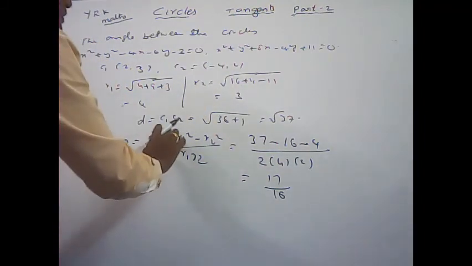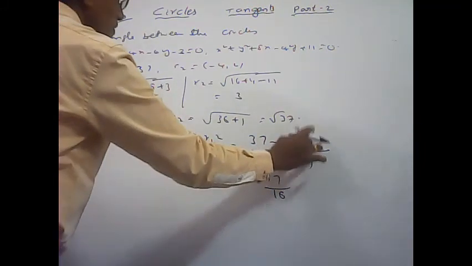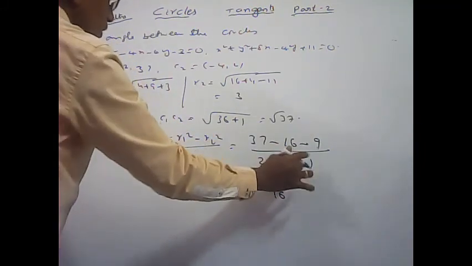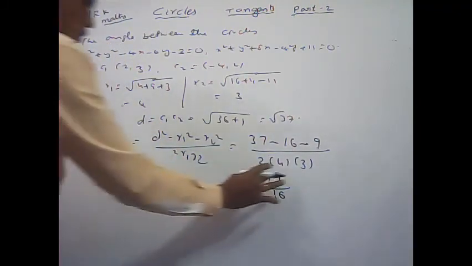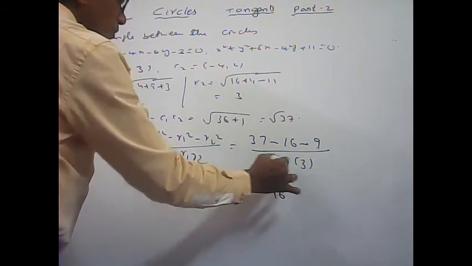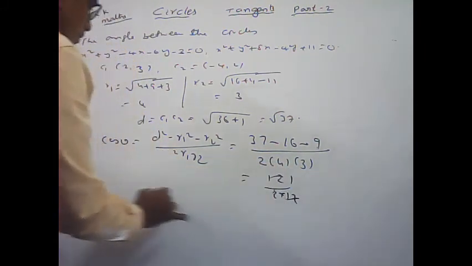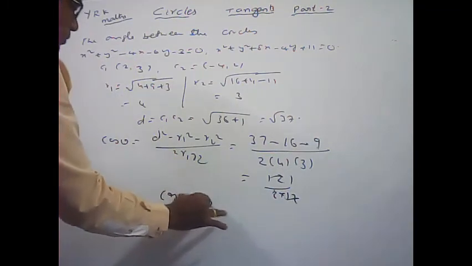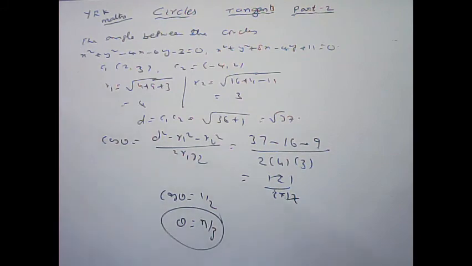Now C1 C2 is root 37, minus r1 square minus r2 square by 2 r1 into r2. That is 12 by 2 into 12, these two get cancelled. So cos theta is equal to 1 by 2, theta is equal to pi by 3, since cos 60 is 1 by 2 only. Like that we can find the angle between two circles.